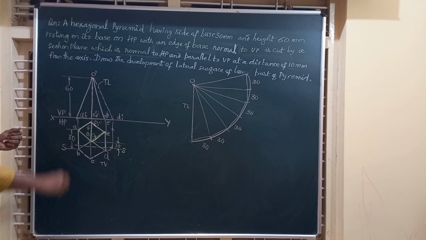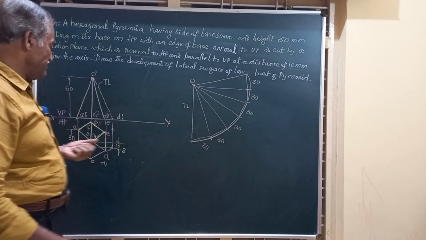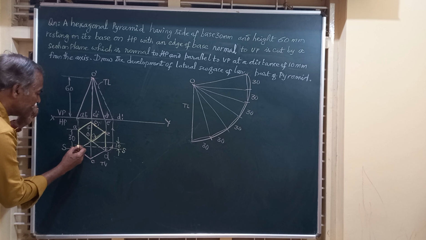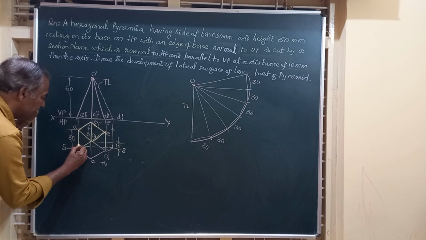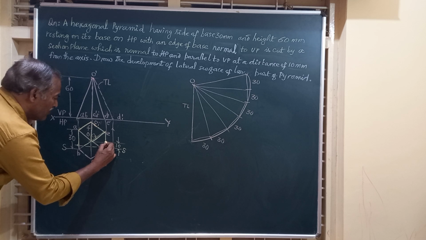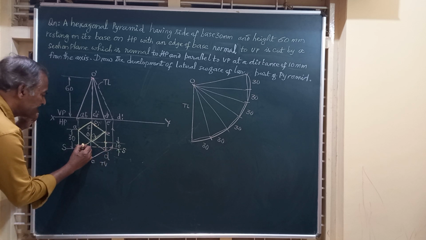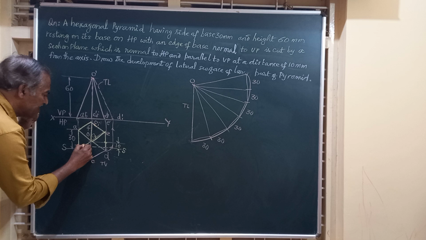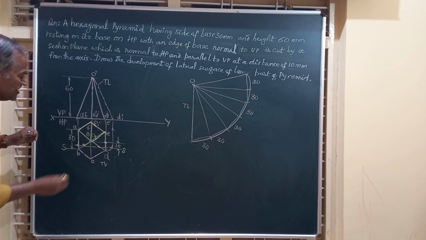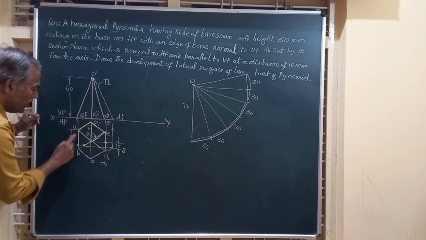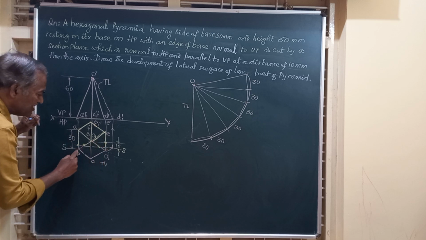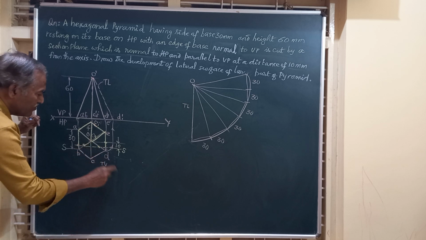And friends, if you see the top view, the section plane SS is cutting the base edge AB here and base edge ED here. There are 2 points on that, and it is also cutting the slant edges at these 2. So totally there are 4 points, 2 on the base edges AB and ED, and 2 on the slant edges OB and OD.